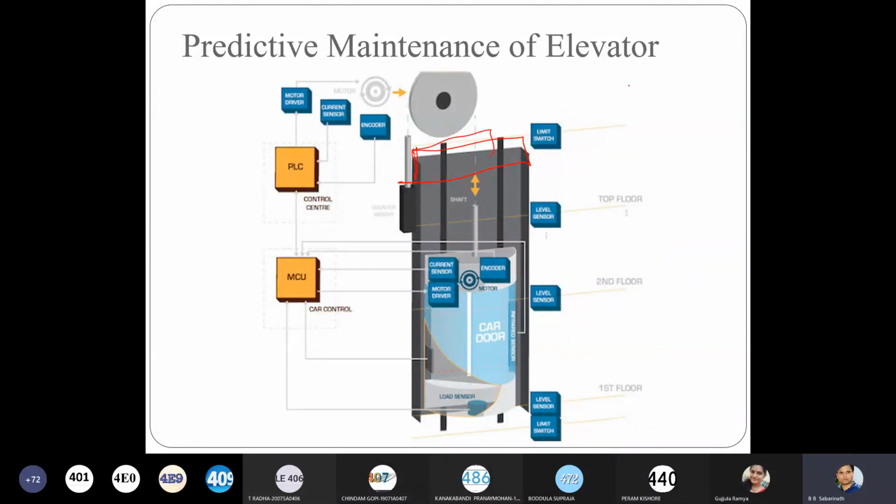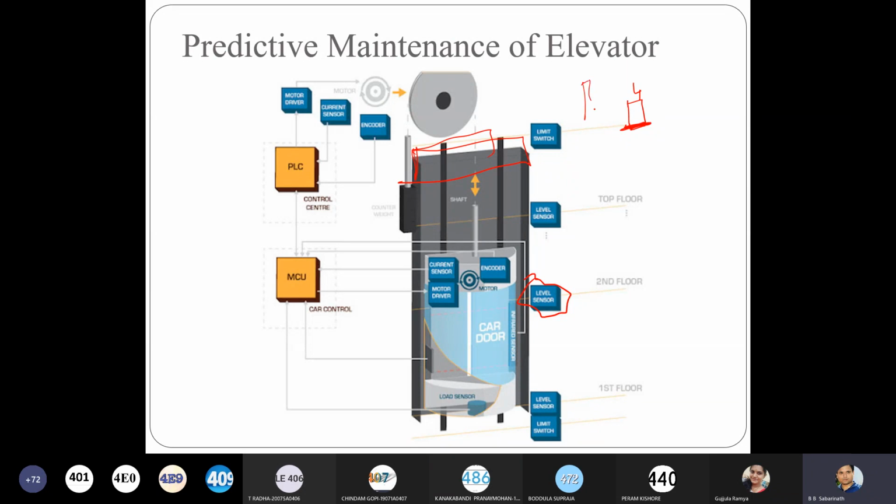If you press the fourth floor, it automatically stops exactly at the fourth floor, right? So definitely there is some level sensor. If the level sensor is not working properly, you might have seen sometimes the lift goes up or comes down.